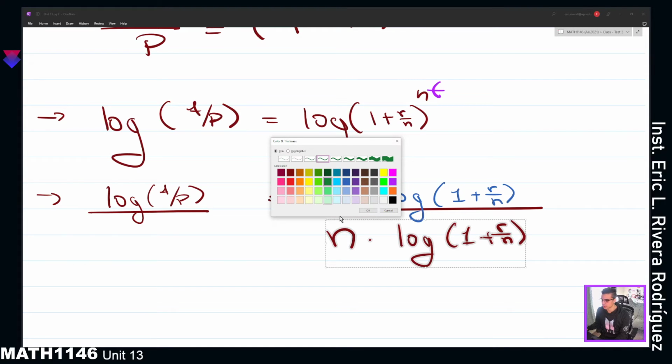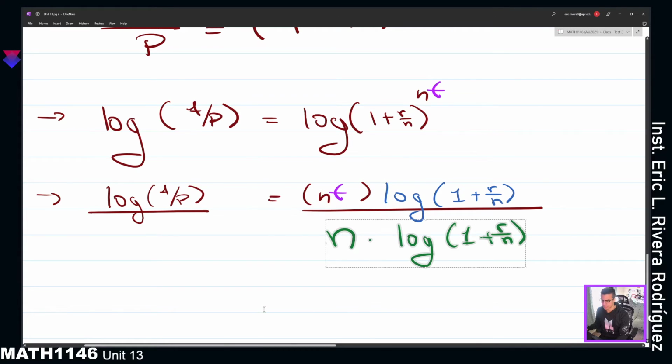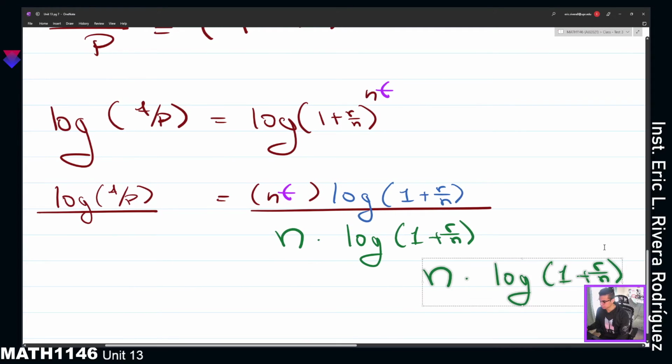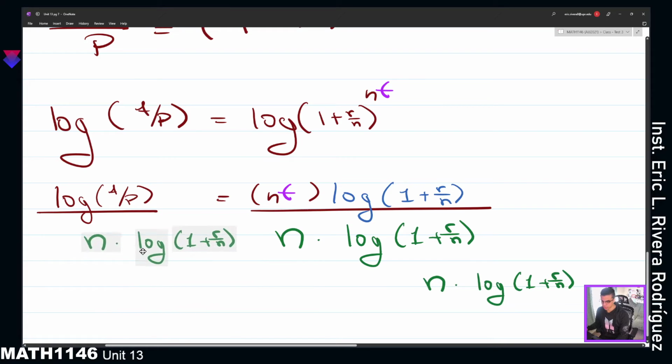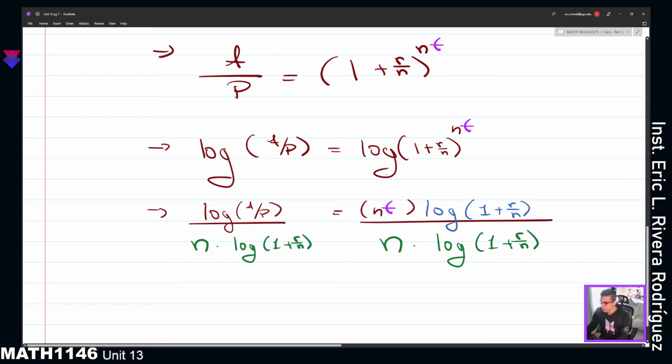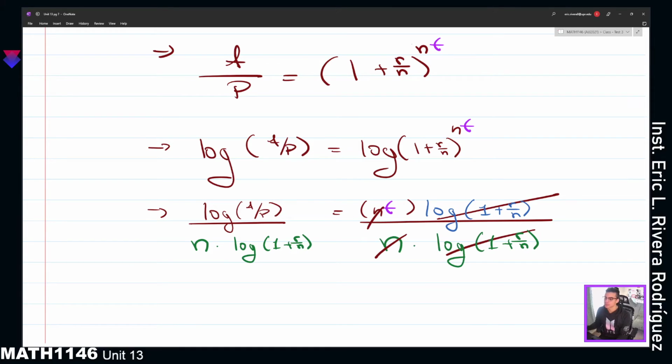Let me change the color of that. Let me copy and paste that. Okay, so I did that on both sides. That way I cancel this with this, I cancel this with this.